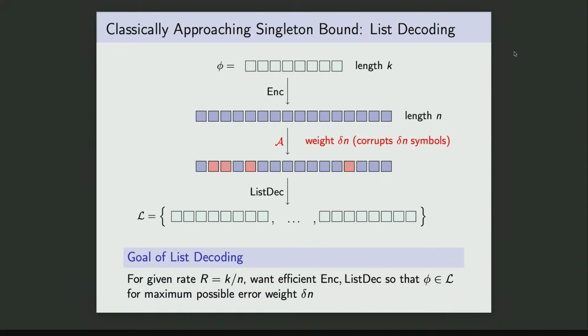And the guarantee that we want is that the true message phi is contained inside this list. So we just need one of these list elements to equal phi. And again, the goal is for a given redundancy rate in our encoding, we want efficient encoding and list decoding algorithms so that for all weight delta n adversaries, the message is guaranteed to be contained inside the output list.